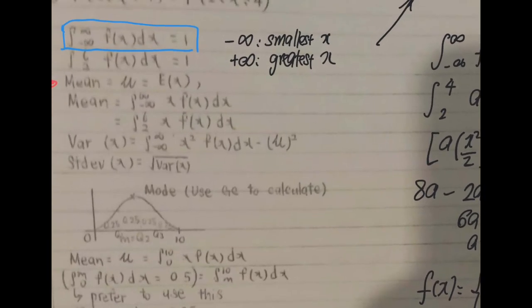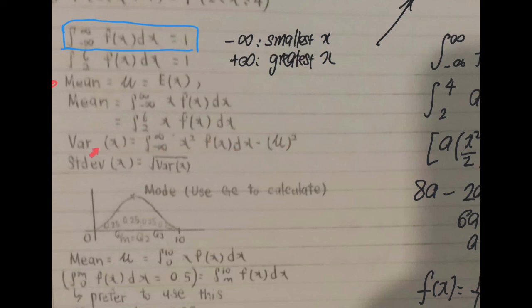Now variance. The variance formula is: integrate from negative infinity to infinity x squared f(x) dx minus the mean to the power 2. The mean here is the previous answer. What you found just now, the mean, you put here, you square it, then you can get the variance.